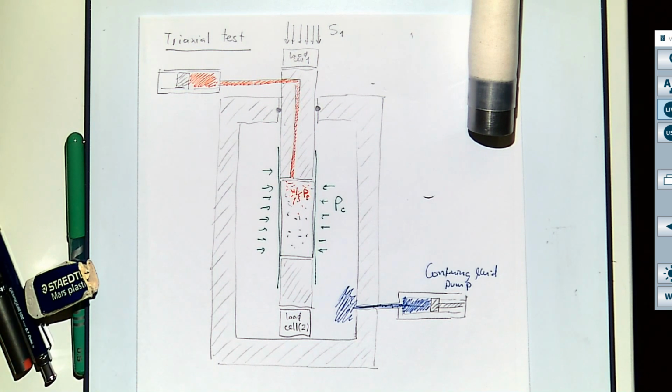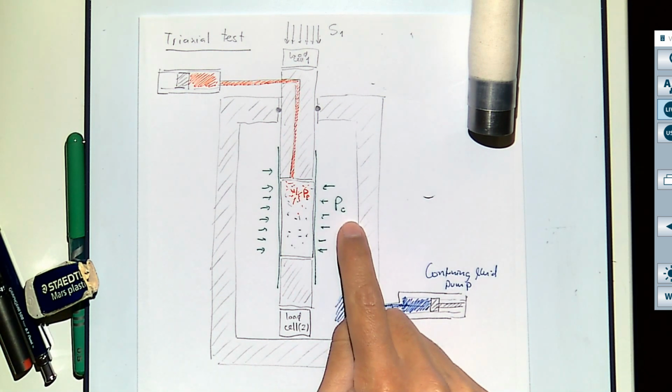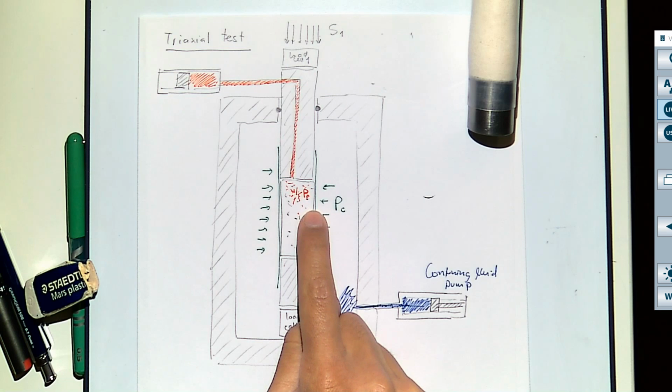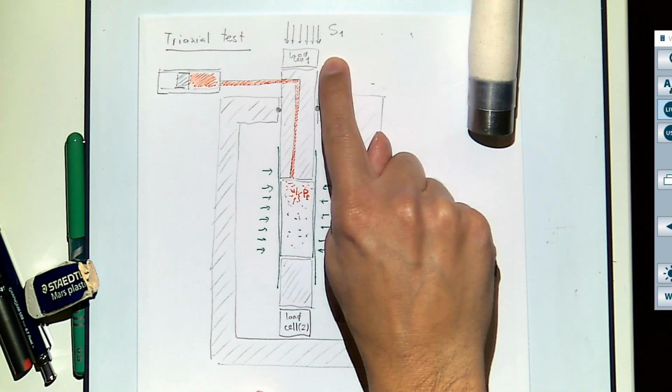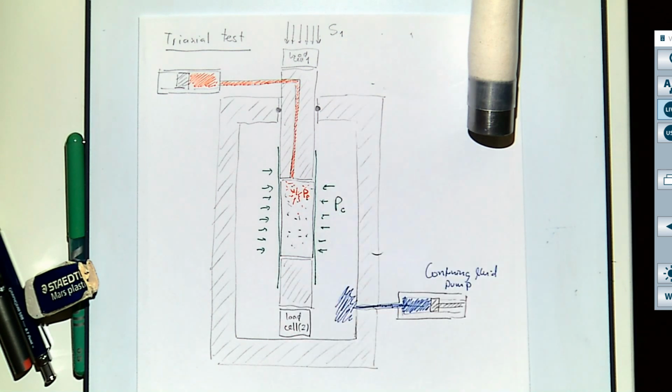So then there are three things that we can vary. We can vary the confining pressure, we can vary the pore pressure inside the rock, and by applying an axial load, we can vary the stress and find out what is the stress at which the rock breaks.